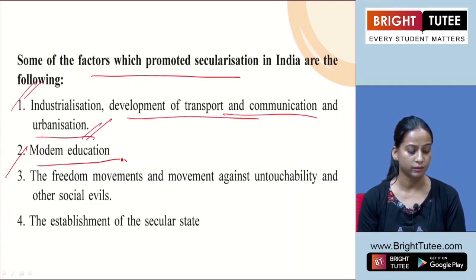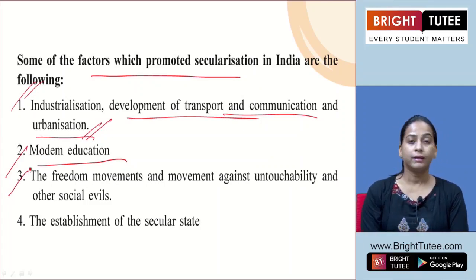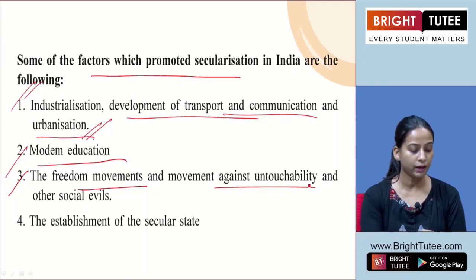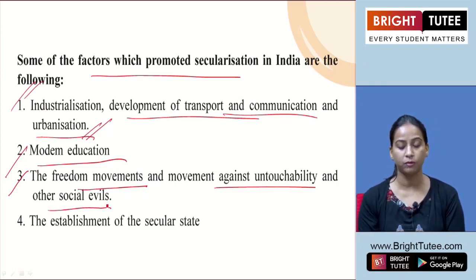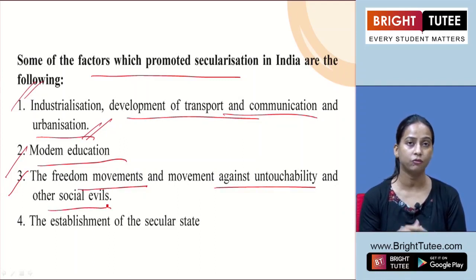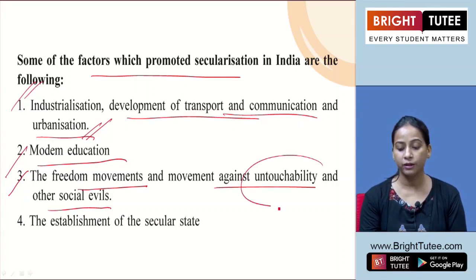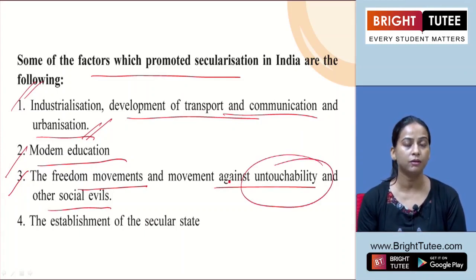The next factor given here is the freedom movements and the movements against untouchability and other social evils. These are social evils which were already prevailing in ancient India. When the Britishers came, the changes started occurring, and even Raja Ram Mohan Roy initiated action against untouchability.